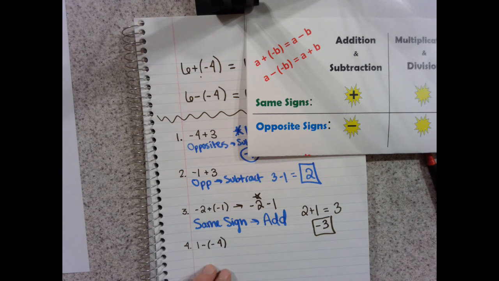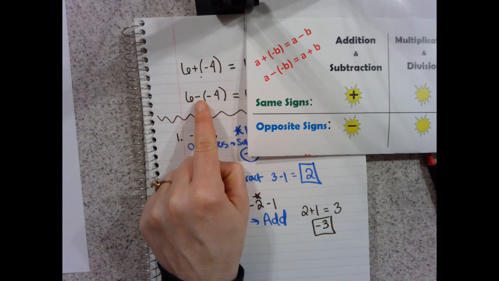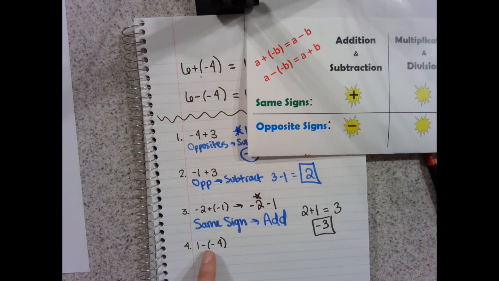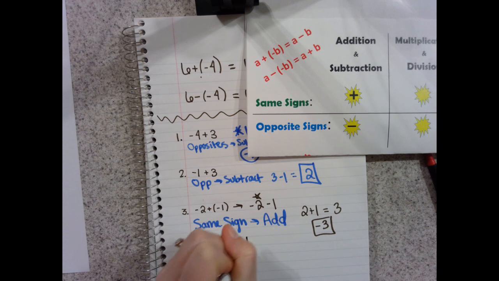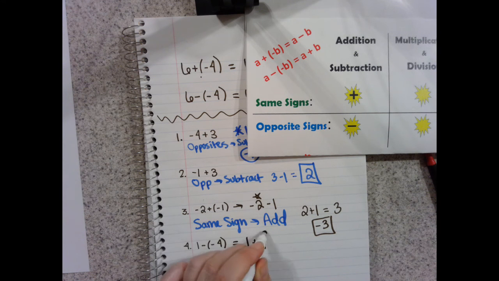Okay, last example here. I have a 1 minus a negative 4. Now before I ask myself, is this a same signs problem or opposite signs problem, I have to rewrite this. Notice I have a double negative in the center of my problem. Always rewrite double negative problems with a plus sign. This is the problem I'm working with. Now, is this a same signs problem or opposite signs?